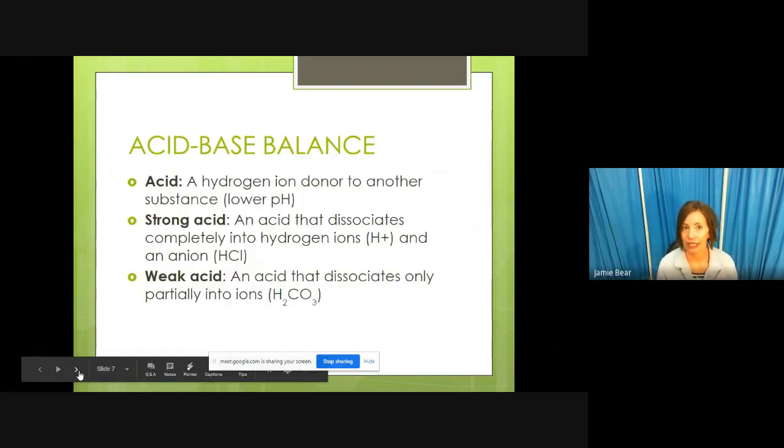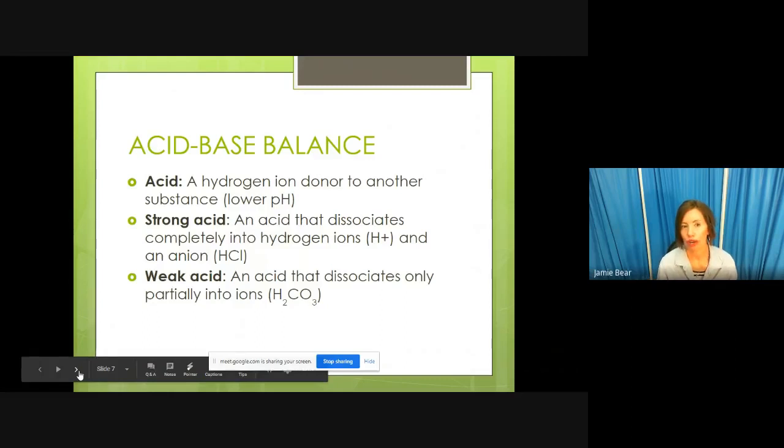An acid is a hydrogen ion donor to another substance. So it's capable of donating its hydrogen ions, and therefore it has a lower pH than 7. A strong acid is an acid that dissociates completely into hydrogen ions and a negatively charged ion.